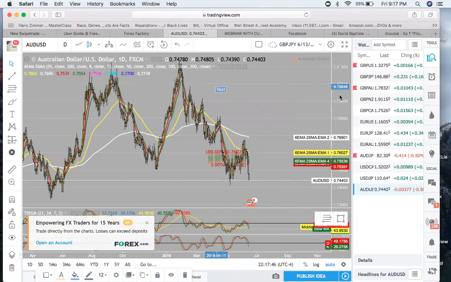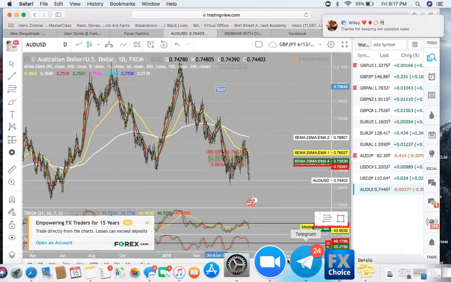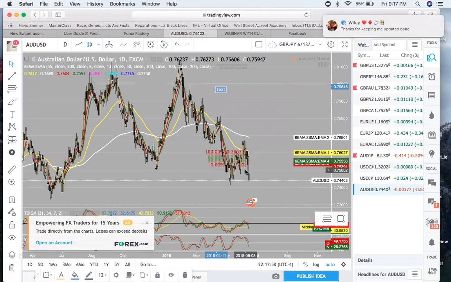It fluctuates in the seconds, in the minutes, in the hours, and in the daily time frame as well. You can find where a pip is on the right side of my screen on TradingView.